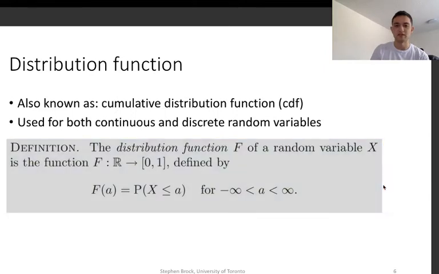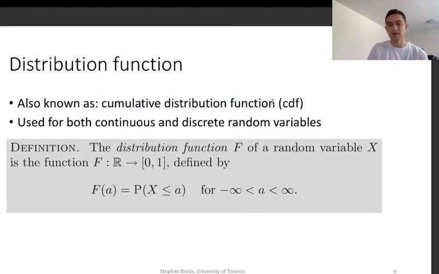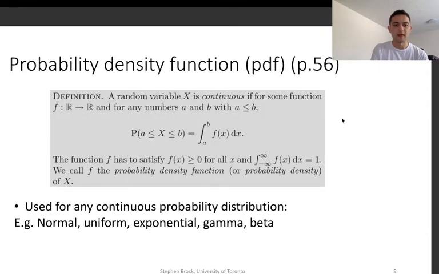That's key with the distribution function. It's the reason why when I first learned it, it was called the cumulative distribution function, and that's always how I see it, because we're looking at the cumulative probability.